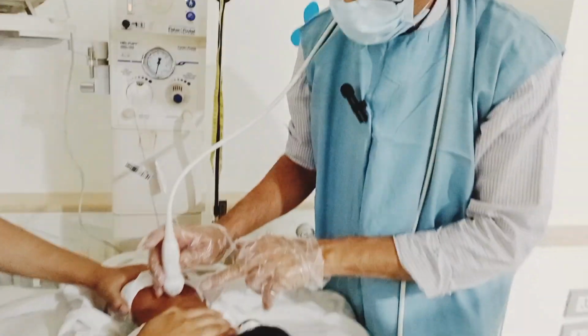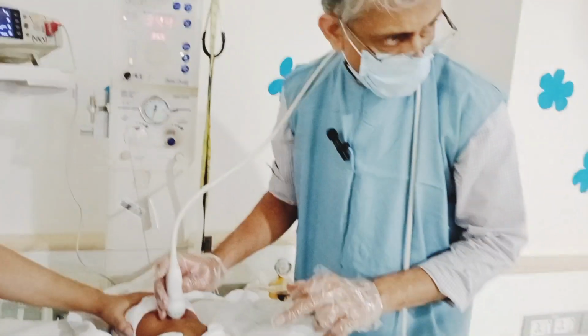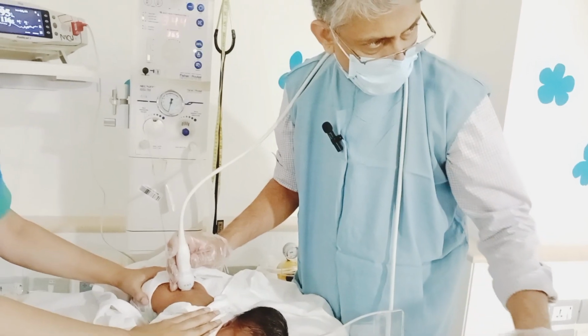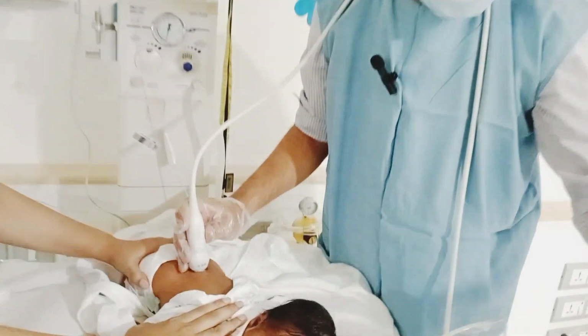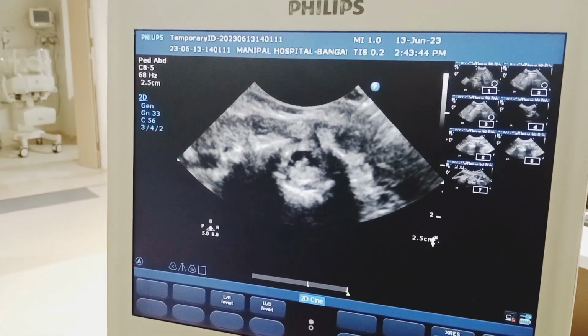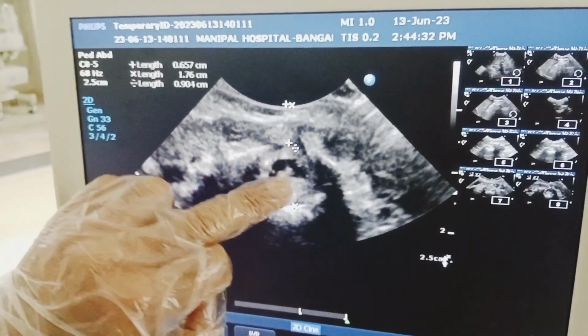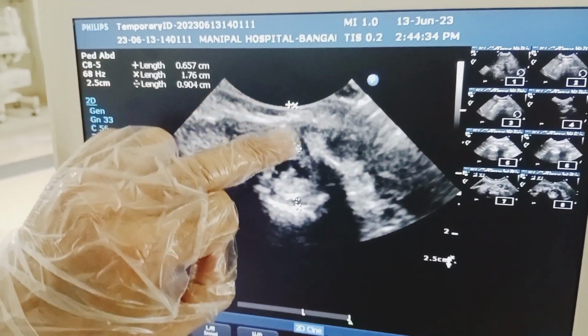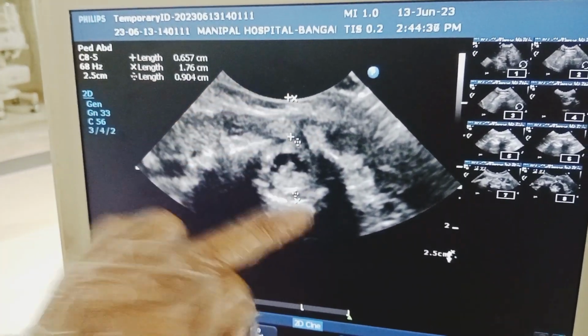Spine in prone position, and you can see the image there. Now again I'll calculate the spinal canal thickness, posterior spinal canal depth, and anterior spinal canal depth.